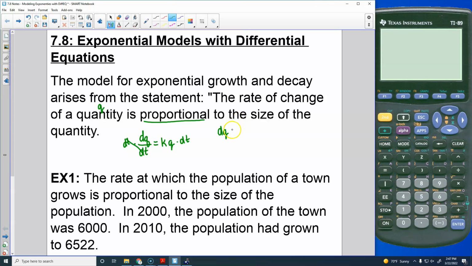I told you guys yesterday, this is a little bit like the inverse of related rates. It's like they're giving you the differential equation, and you're going backwards from that. So if we divide by Q, we're going to get dQ over Q equals K dt.